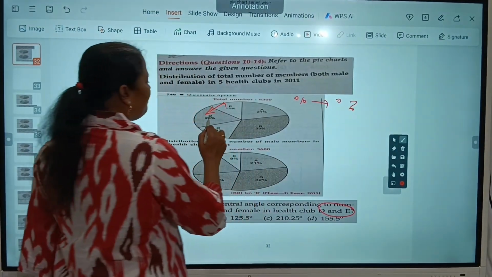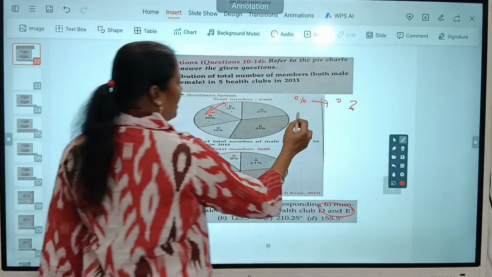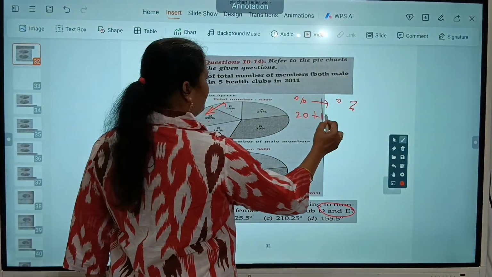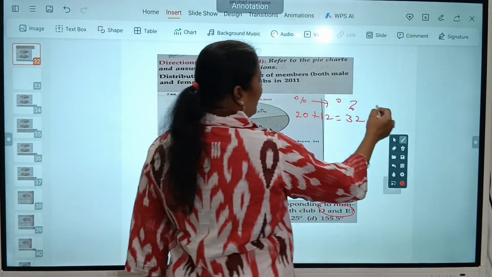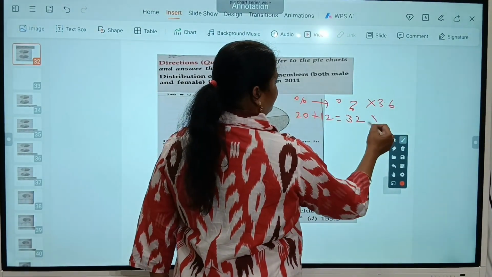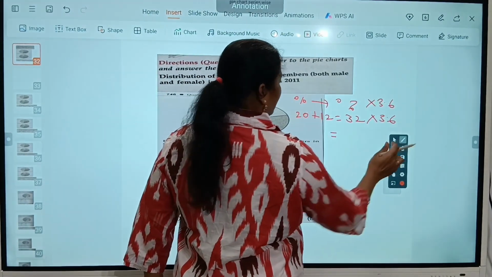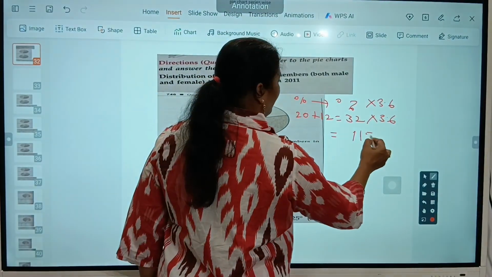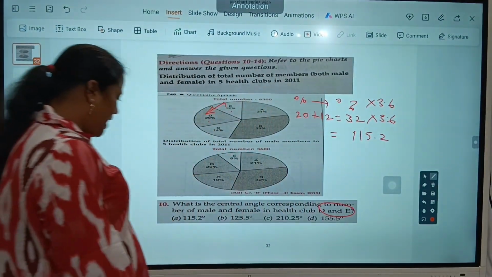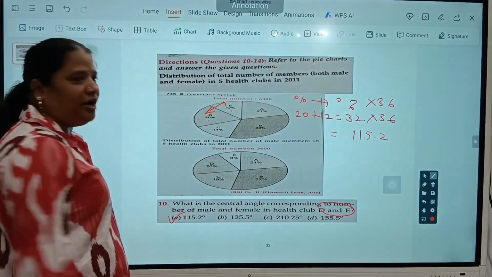D value 20 plus E value 12, this is nothing but 32. 32 multiply it with 3.6. Then you will get the value. This is nothing but 115.2. So the answer is A, 115.2.